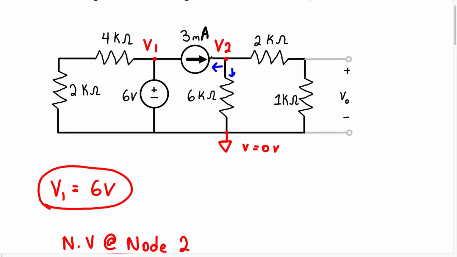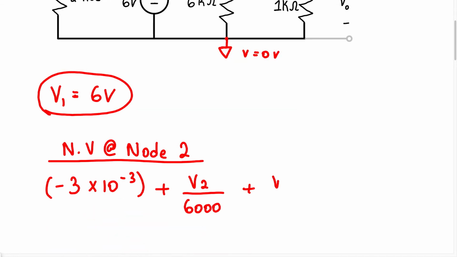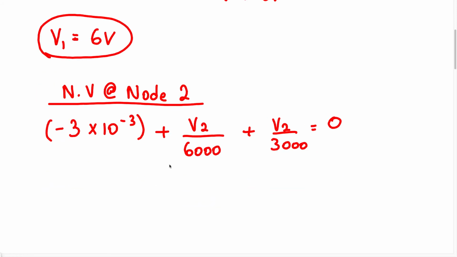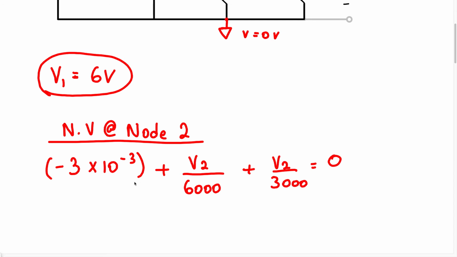Plus, we have the current flowing in this direction here, which is going to be V2 over the equivalent resistance of these two. So we're going to have V2 over 3,000. And all of that equals 0. So when we start to simplify this, we know the LCD is going to be 6,000.